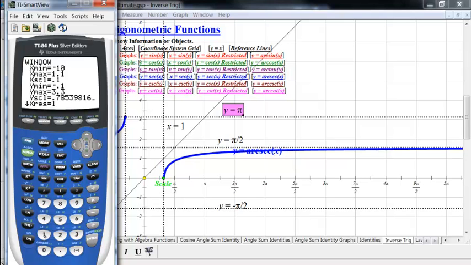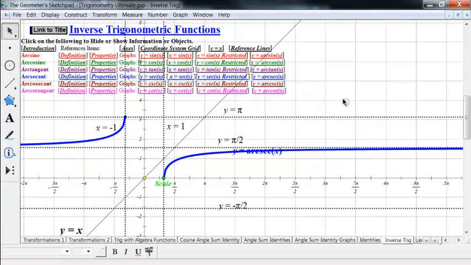How about negative 10 to 10 on the x's, and now we can see it. This actually comes right down to the x-axis right there, and this goes right up to y equals pi, but my graph's not showing it very well right there. Okay, so this is what the graph looks like.